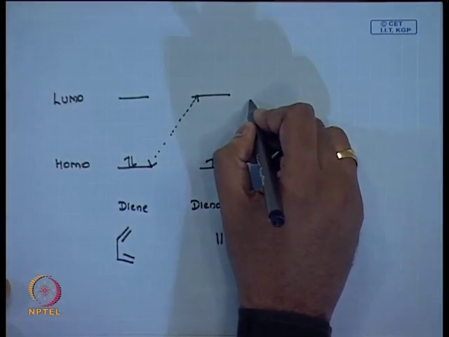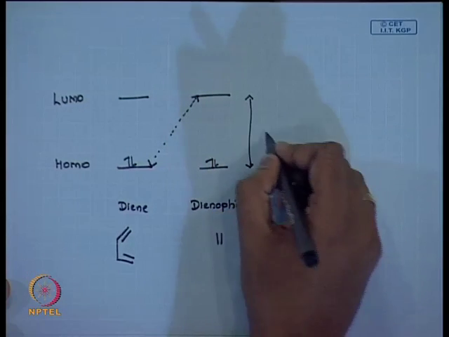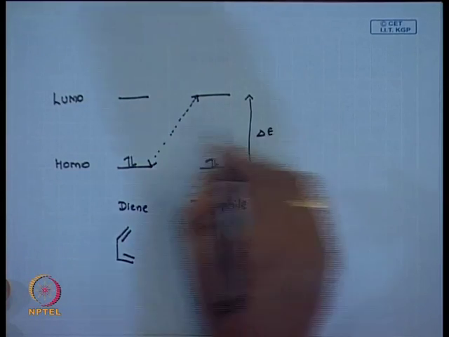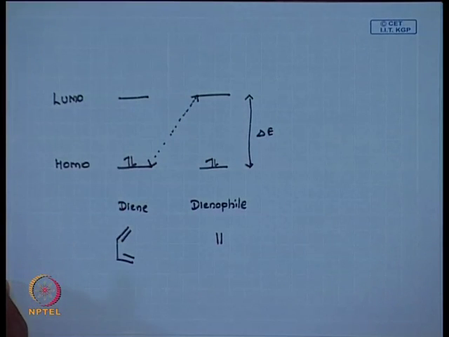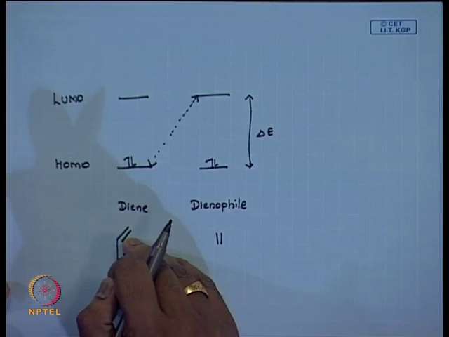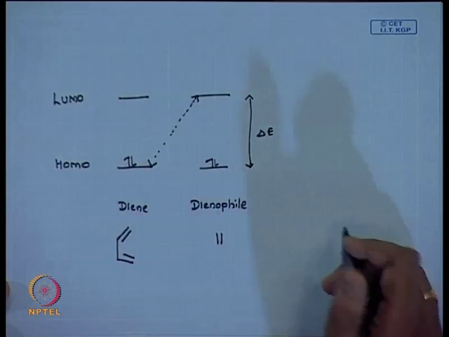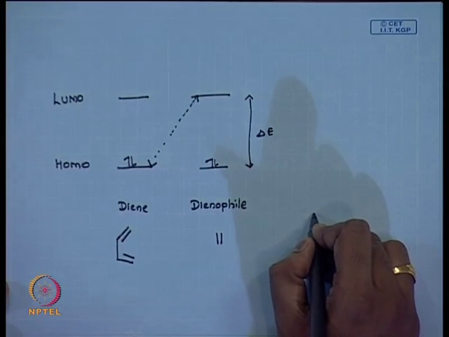Okay, this is your delta E. This is the energy difference we are talking about between the HOMO of your diene and the LUMO of your dienophile. But in the same case, if I attach a donor, and an electron withdrawing, that is your acceptor moiety, what happens?